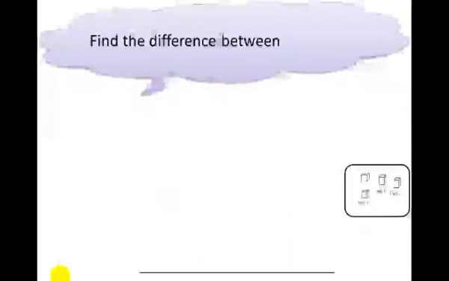Find the difference between 534 and 31. Remember, I told you the word difference means the same thing as minus.